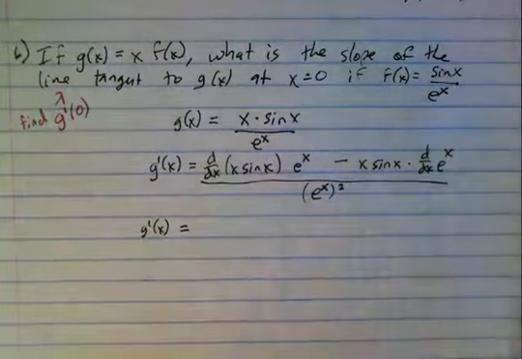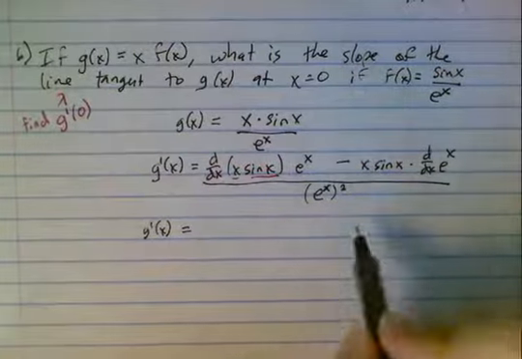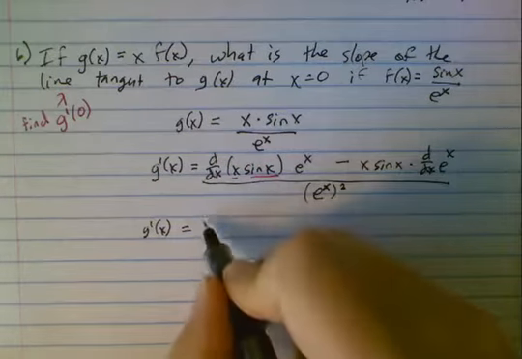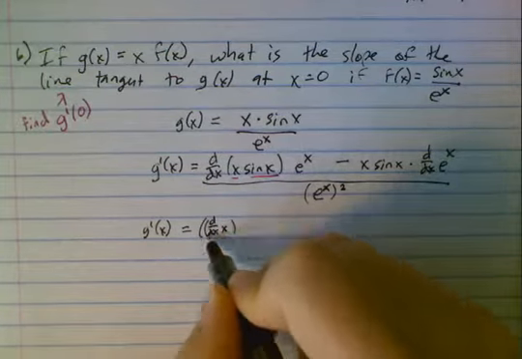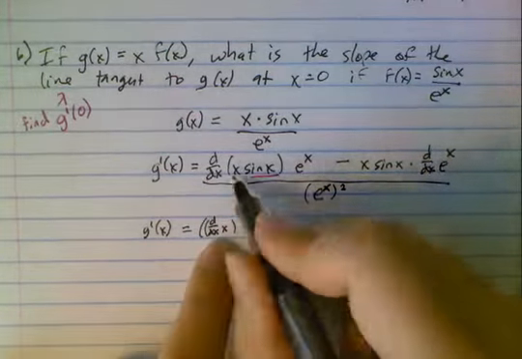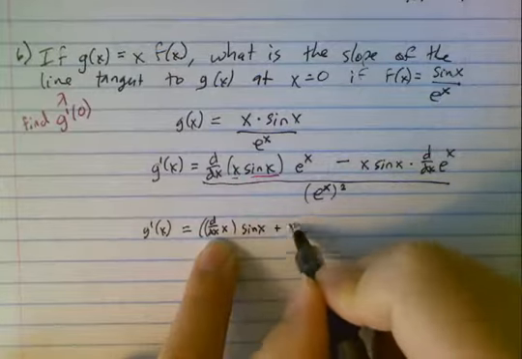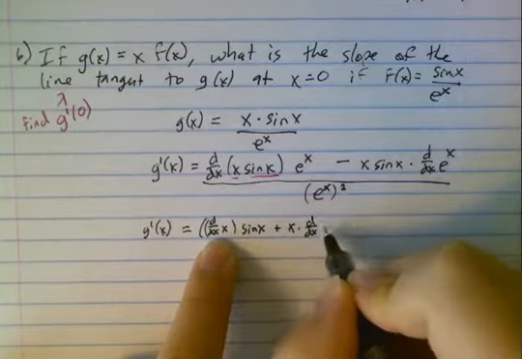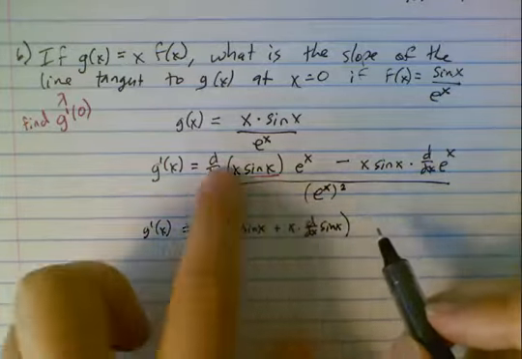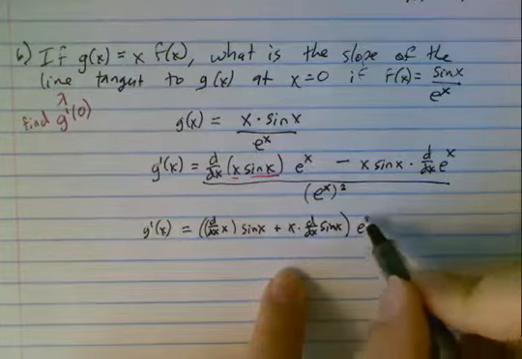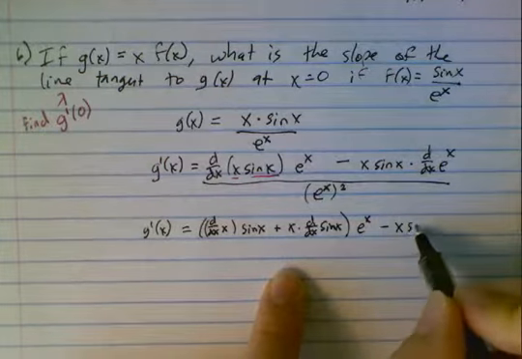Now notice we have a product rule right here. So inside this whole thing we're going to have the derivative of the first times the second plus the first times the derivative of the second. That whole thing is just this little piece right here. So then we've got e to the x still next to that, minus x sine x.